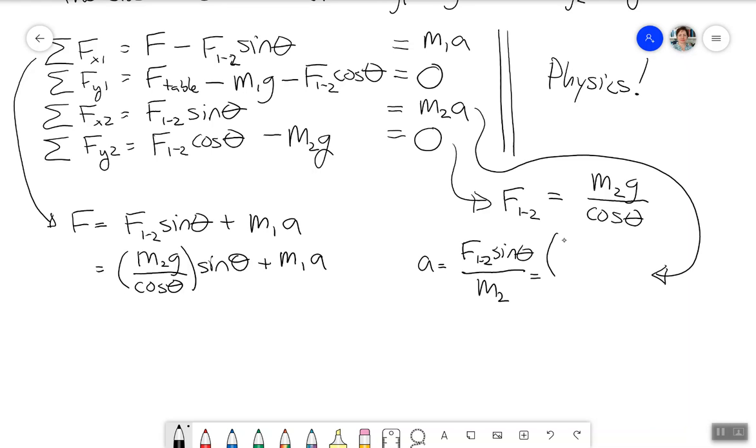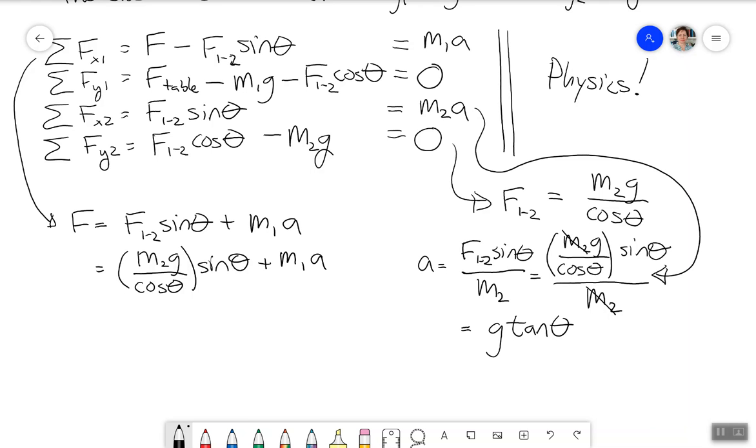So F1-2 is M2G all over cosine theta times sine theta divided by M2. So the M2's cancel, and I find that the acceleration is just equal to G tangent theta.